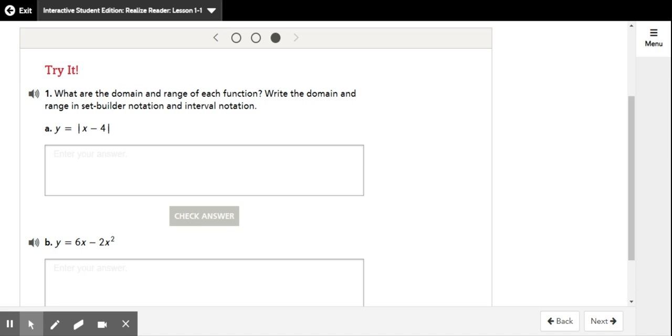So y equals the absolute value of x minus 4. If you want to type in an absolute value bar, you hit the math button. You're going to have to go over to that number column, so we're going to move one to the right. See how it says ABS? That actually stands for absolute value.